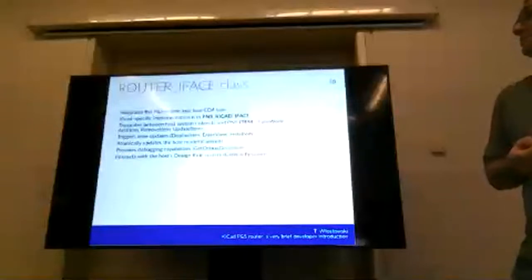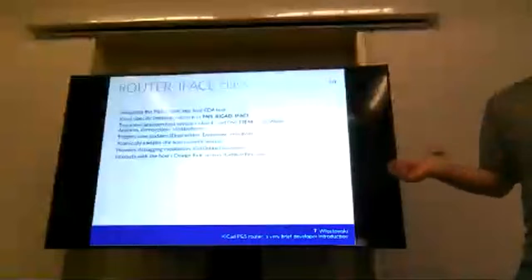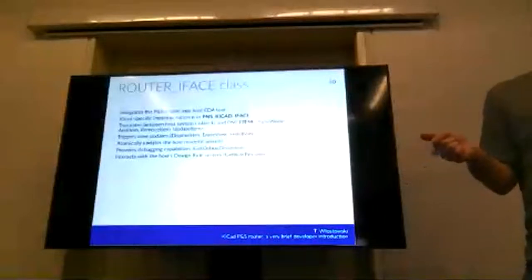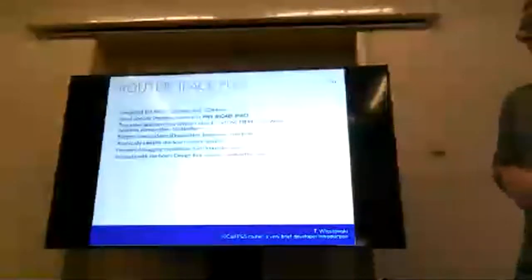But instead it uses some sort of a proxy class. We call it PNS KiCad iFace that performs several functions. The most important is translation between KiCad's classes, such as via, track, etc., into PNS items.